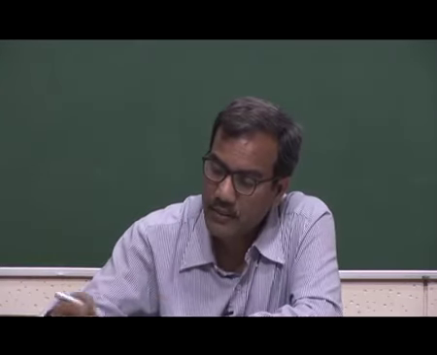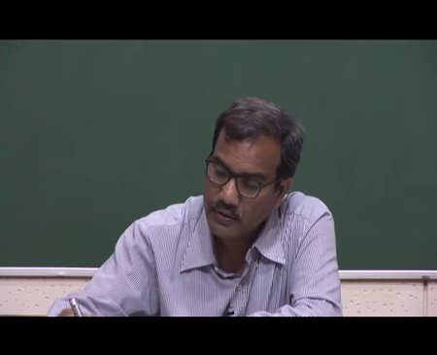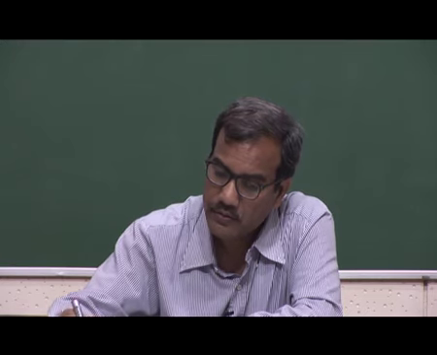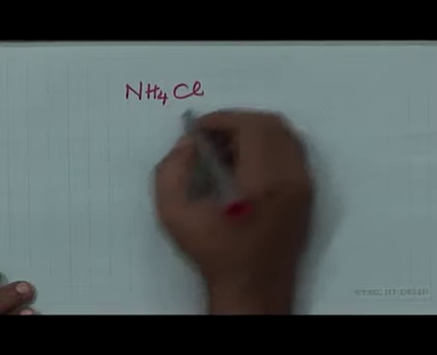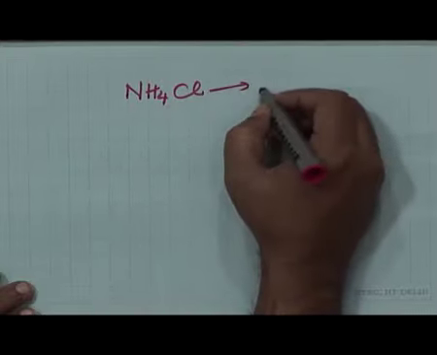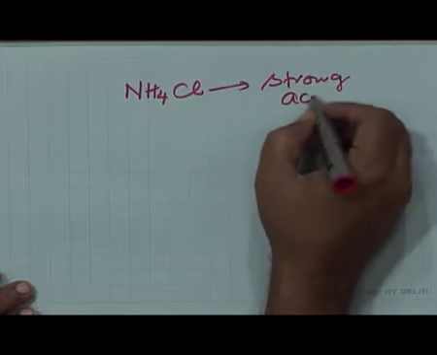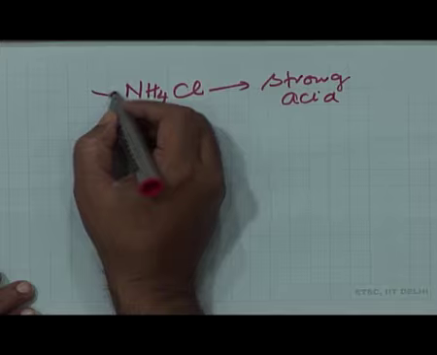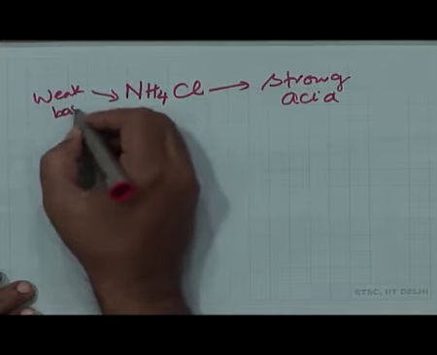Now, we can think about a salt of a strong acid, which is your HCl, and a weak base, which is ammonia solution.